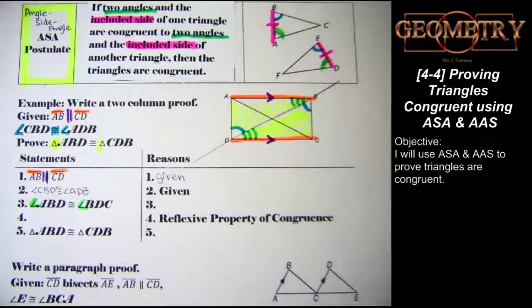We have to figure out why. They're alternate interior angles. Notice the orange lines are parallel. The auxiliary line we drew in can be a transversal. And whenever I have parallel lines cut by a transversal, alternate interior angles are congruent.